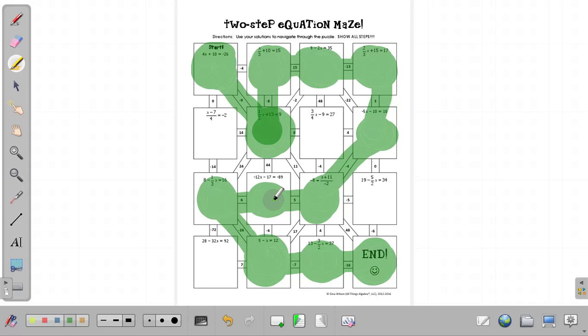So essentially how you check yourself to make sure you did this correctly is the answer to 4x plus 10 is equal to negative 26. You should get negative 9. So the negative 9 tells us we go down to this box. Let me erase that and redo that so it looks a little better here, but I guess the damage is already done.